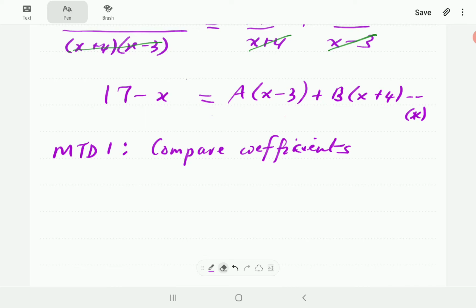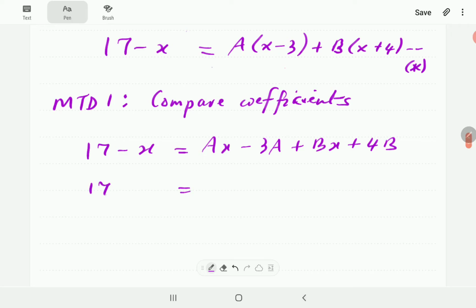So what we're going to do is remove these brackets and then compare degrees of x. On the left hand side we're just going to have 17 minus x. If we remove brackets, we're going to have ax minus 3a plus bx plus 4b.